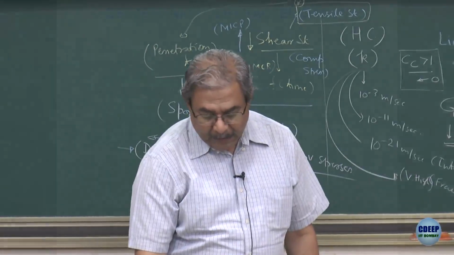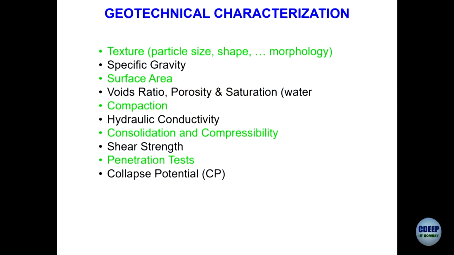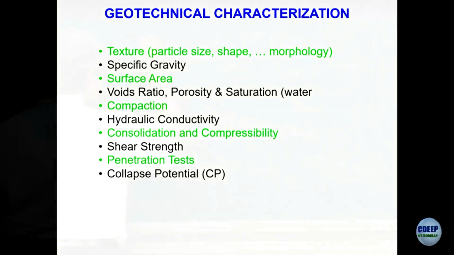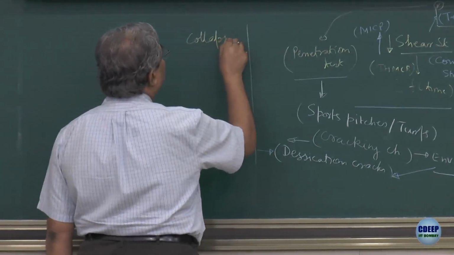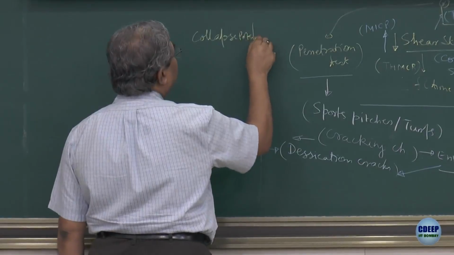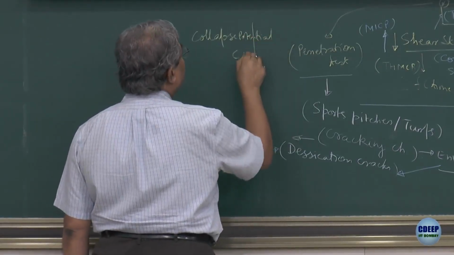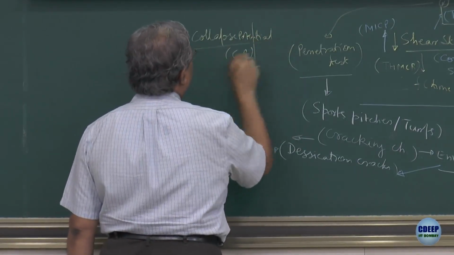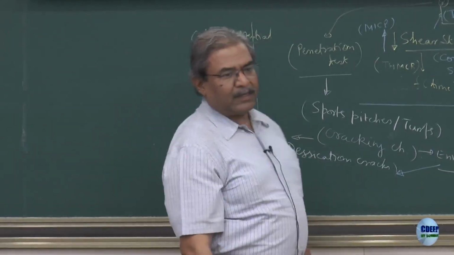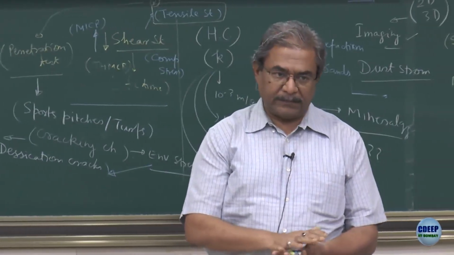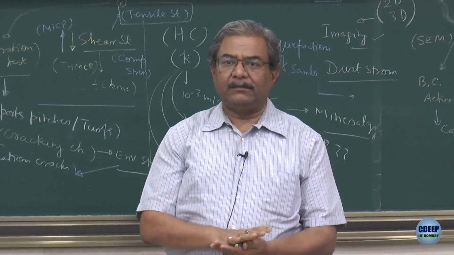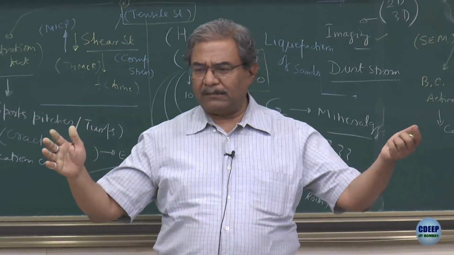And then there is a term known as collapse potential. So, these granular materials are normally characterized based on their collapse potential. We define it as Cp. I am sure you must have heard of that. Most of the development right now is taking place in the western part of the country, in deserts. Why? A lot of land was available there.